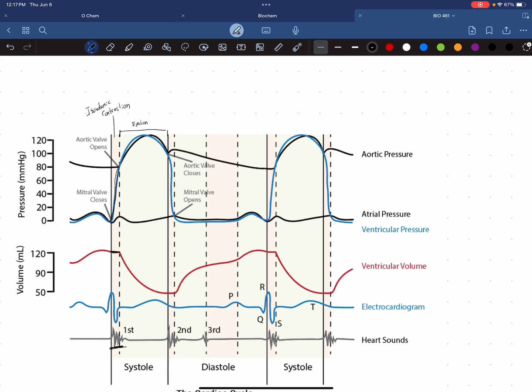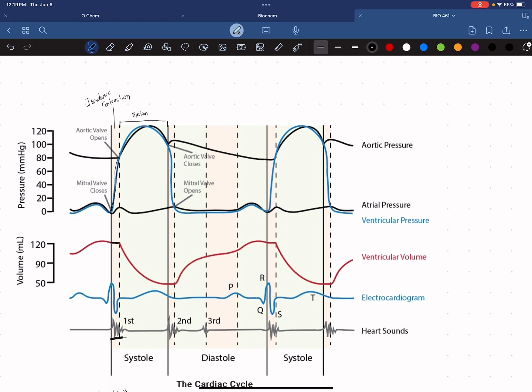Here in red, we see the ventricular volume come down, showing that the blood is traveling from the ventricles into the aorta to go throughout the rest of the body. That is why the aortic pressure up here in black, after the aortic valve opens, will increase with the blood flowing from the ventricles into the aorta.